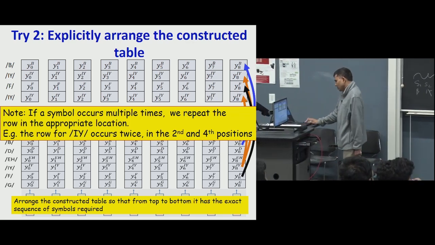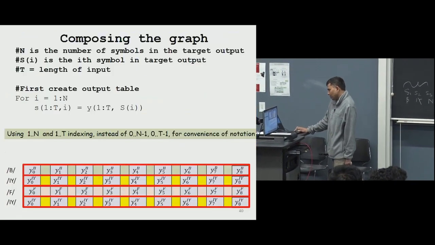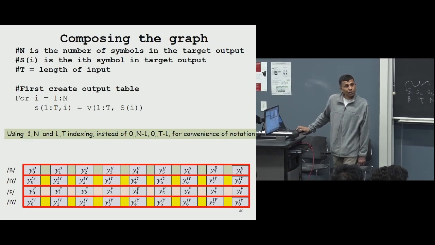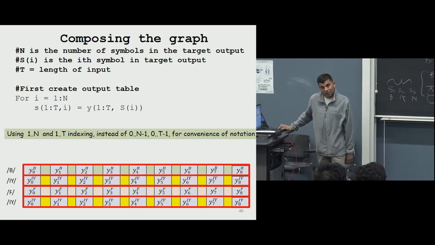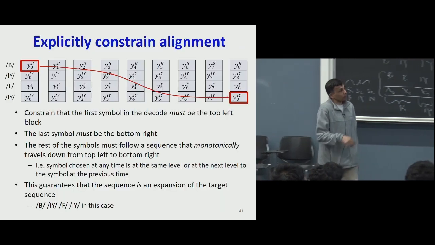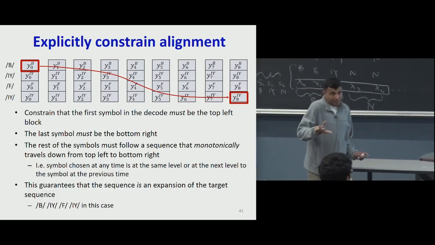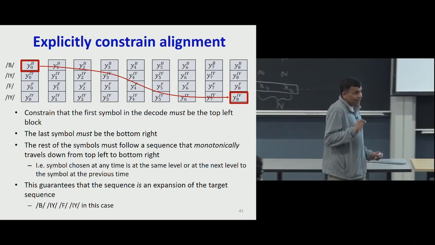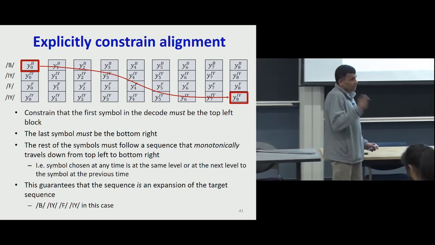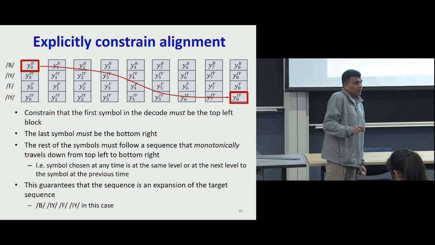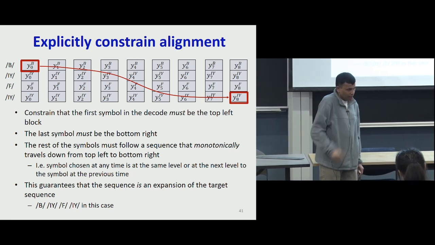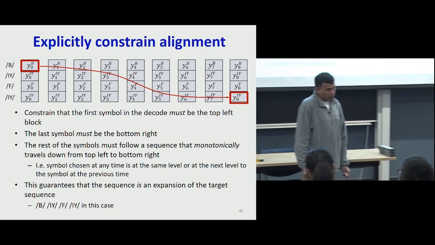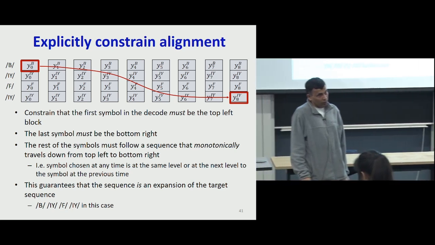And now, I keep introducing pseudocode in the slides. I won't actually be going over the pseudocode myself. Take a look, because the pseudocode is actually very informative, right? And now I have a table, and then I can say I want to find a path from the top left corner to the bottom right corner, where as I travel through the boxes, I'm only allowed to travel forward or forward and down.